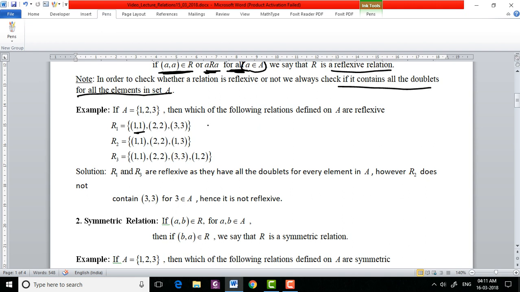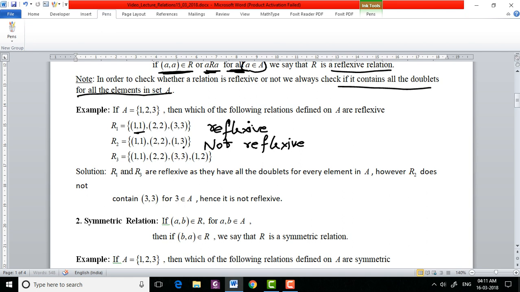So R1 is reflexive in nature. Let us move on to the relation R2. R2 contains (1, 1), (2, 2) and (1, 3). Now R2 is not reflexive in nature as 3 belongs to set A but (3, 3) is not present in R2, so this is not reflexive.